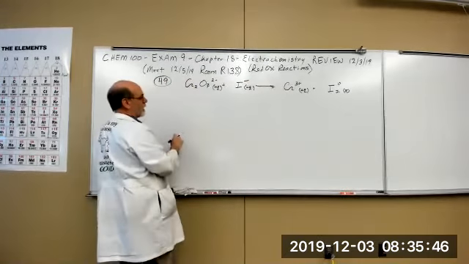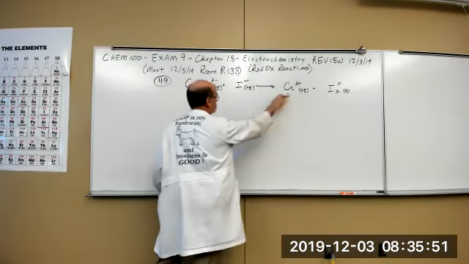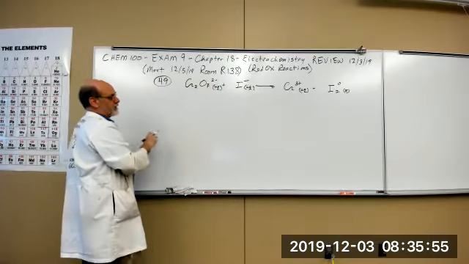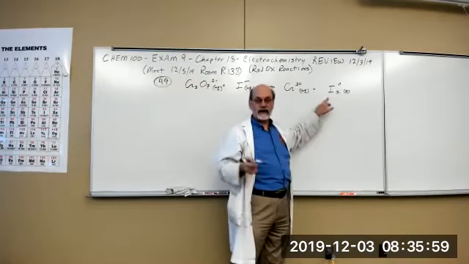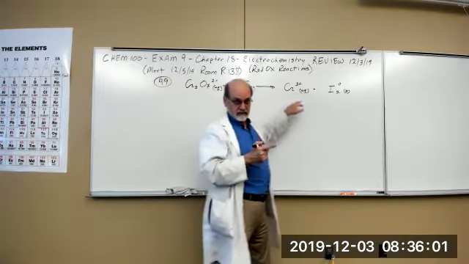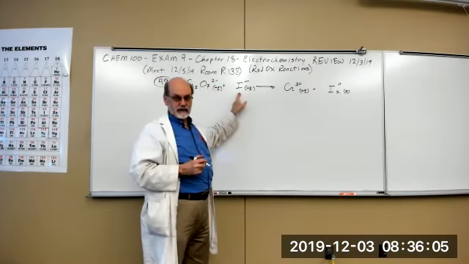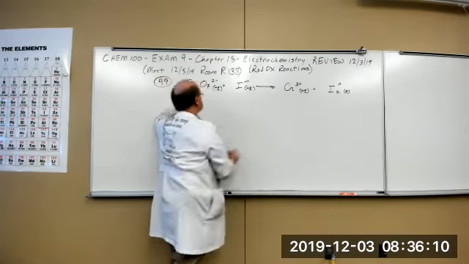Now we need to find out what happened to chromium. Well, you can assume that if this one was -1 and it went to 0, it had to lose an electron. So that means the iodide ion was oxidized. That means this one should be reduced.